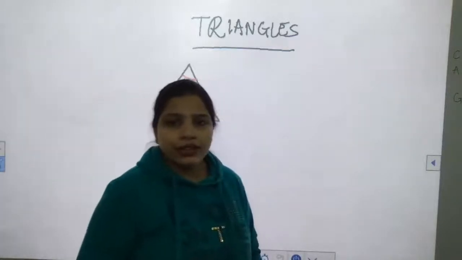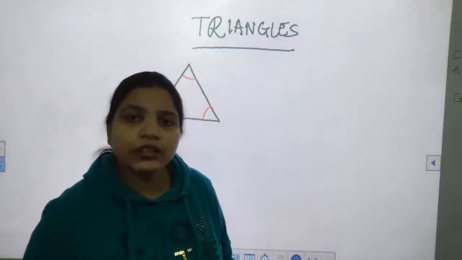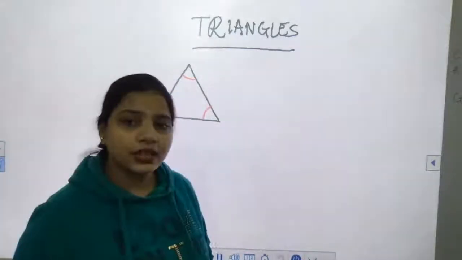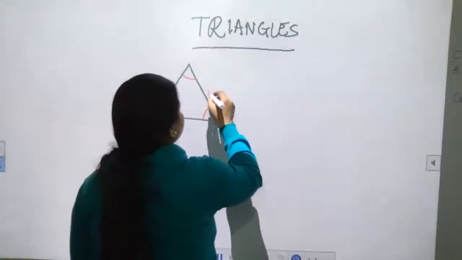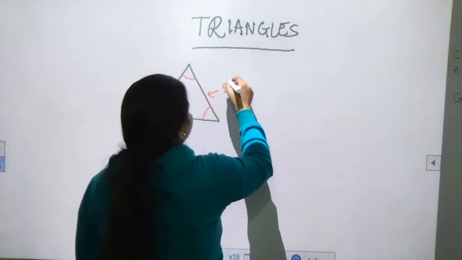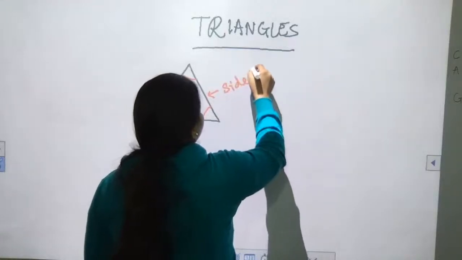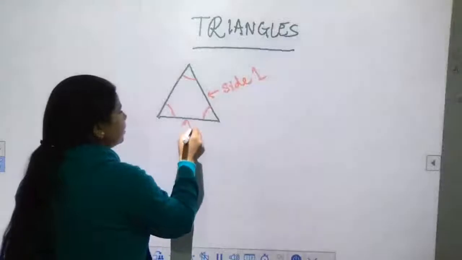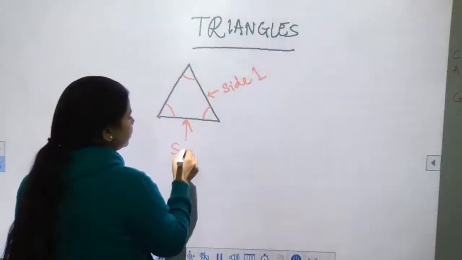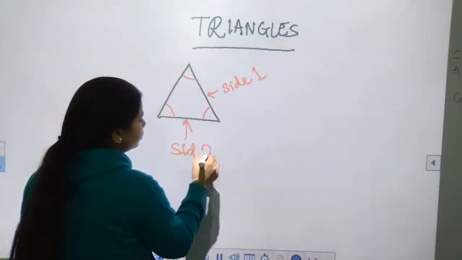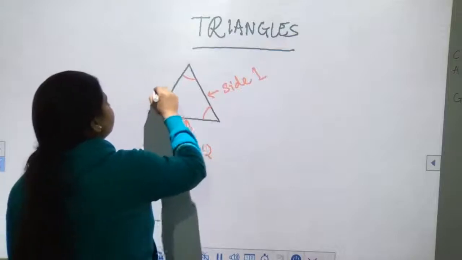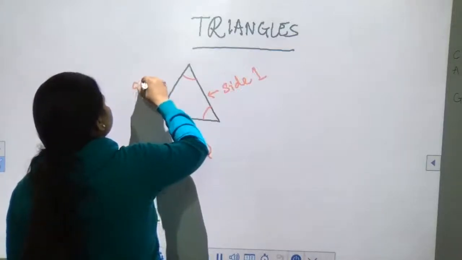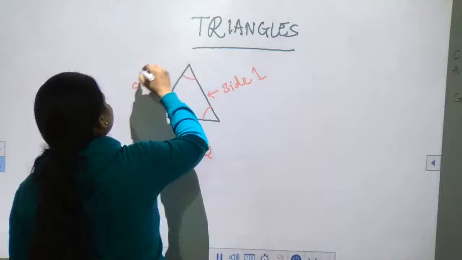What else about triangle? A triangle has not only 3 angles but 3 sides too. So this is side 1, right? This is side 2 and this is side 3.